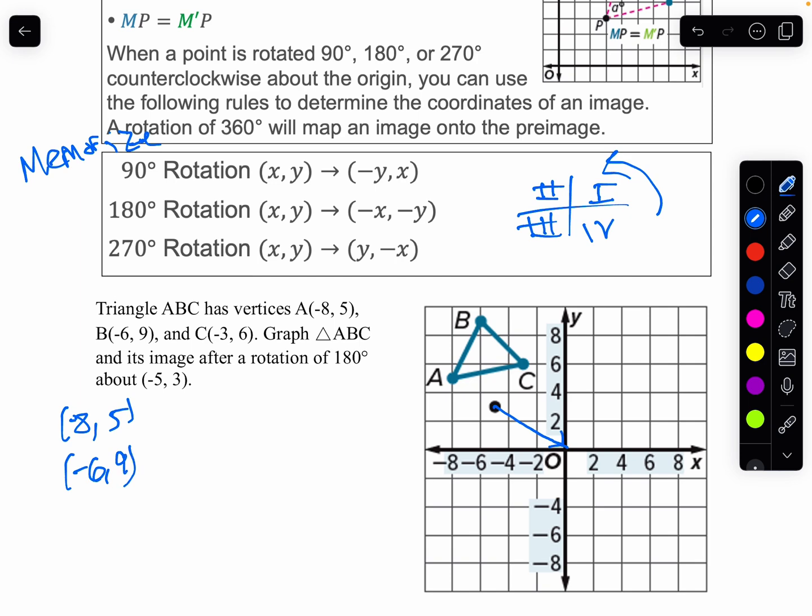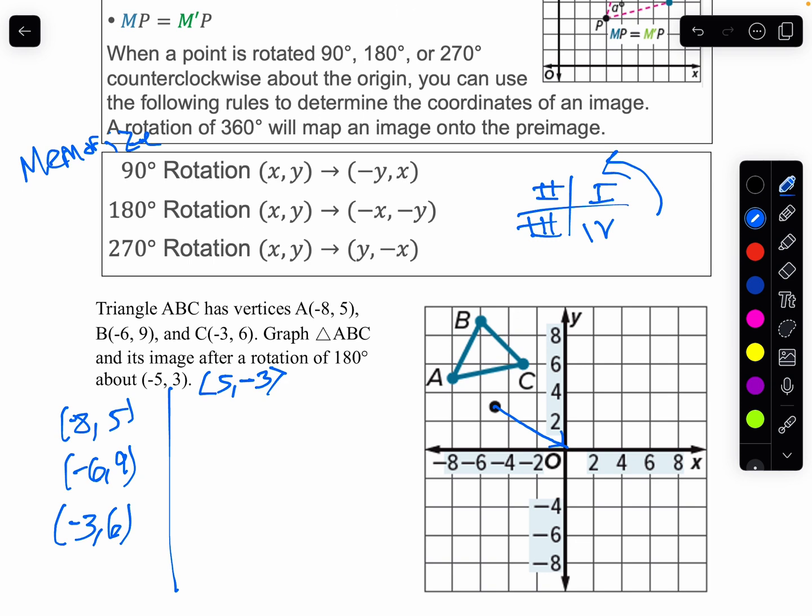And point C is at -3, 6. What I'm going to do with each of those points is move it to the right 5 and down 3. Because that's what I did with my point. My point went to the right 5 and down 3.